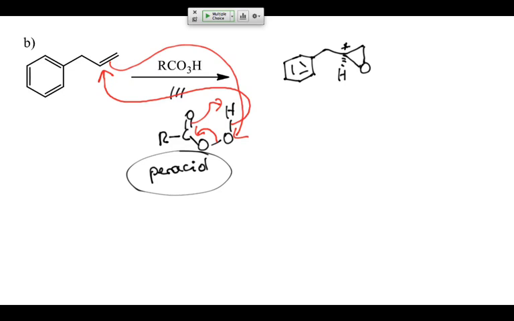So that means that the per acid, if it attacks from the front, you get one, and then you get the one I drew here, right? This is from front attack. And now from backside attack, you get this one. You get the enantiomer. Where now the H is in the front. The epoxide is in the back.